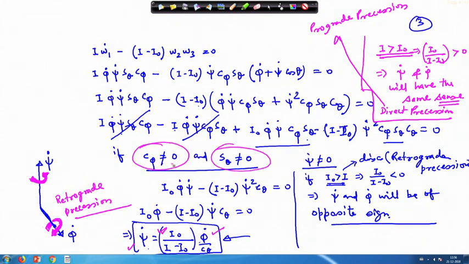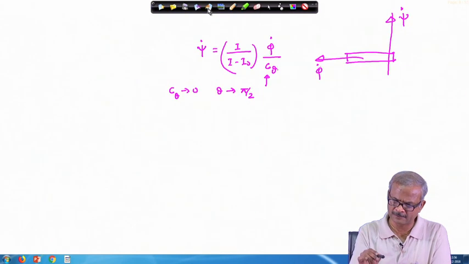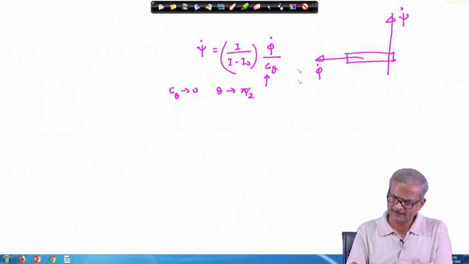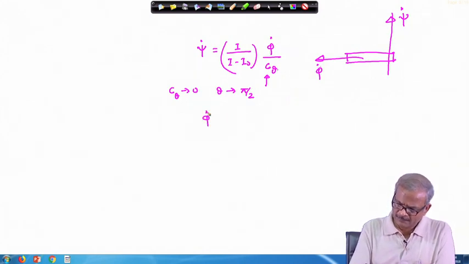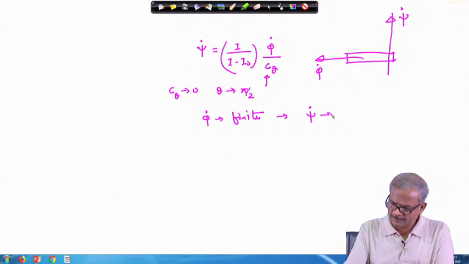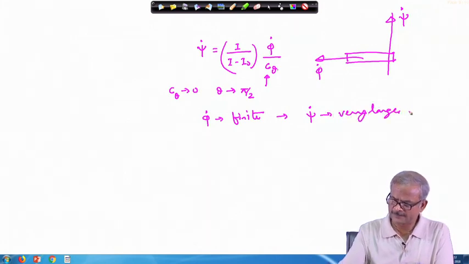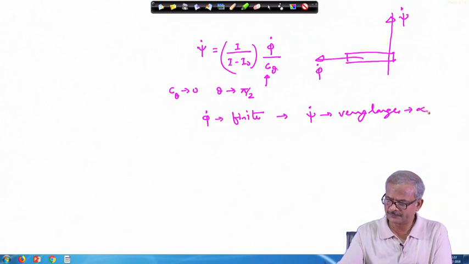So, we are not taking the case to be 0, but it is approaching that value, a limiting case, as we do in calculus. So, you can see that for phi dot, if it is finite, psi dot will become very large, meaning it tends to infinity.